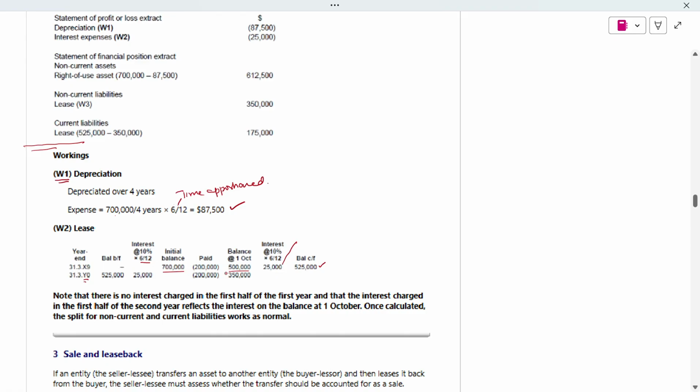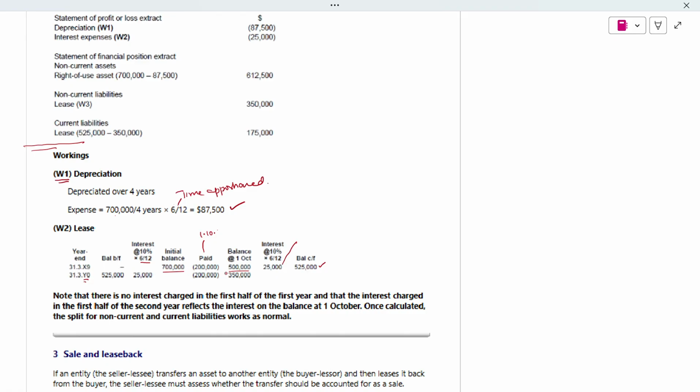Why are they doing it? They are paying the advance payment, when they are going to pay on 1st October. Means you have to calculate interest from 1st October for the next 6 months.